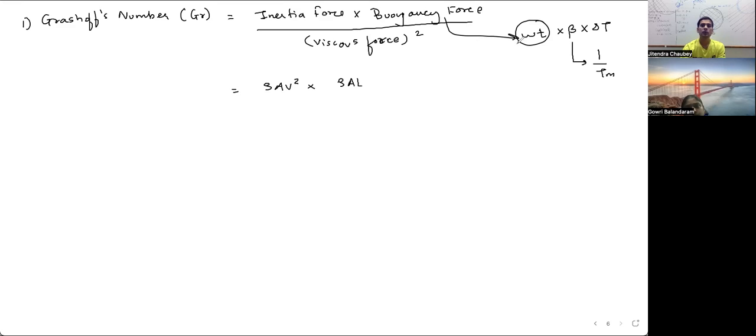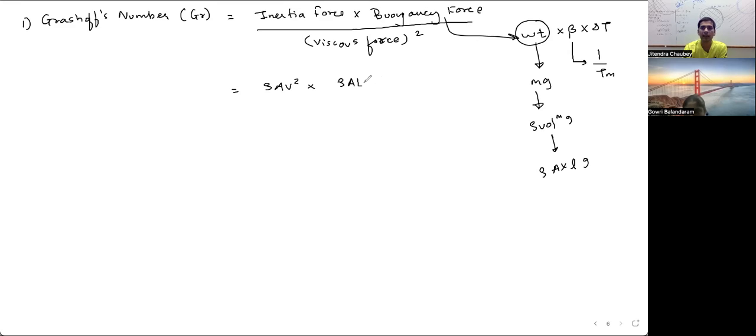Coefficient of expansion is again the reciprocal of mean temperature. So the formula looks like this: weight is mass into gravity, mass is density into volume, and volume is area into length. So mass is density into volume into gravity, that is density into area into length into gravity.